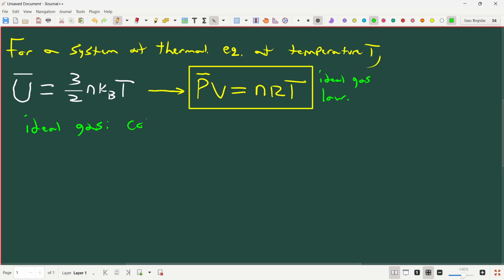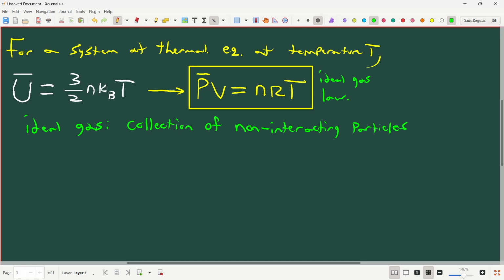It's a collection of non-interacting particles. And what do we mean by non-interacting? It means that the only thing they do is fill the space.